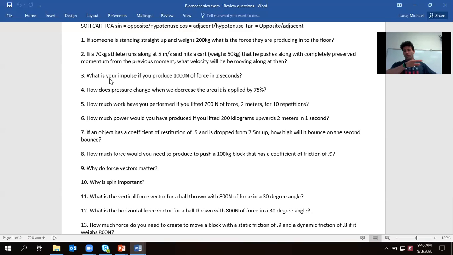And so in order to find the horizontal force vector, you would simply use cosine instead. Good, good.